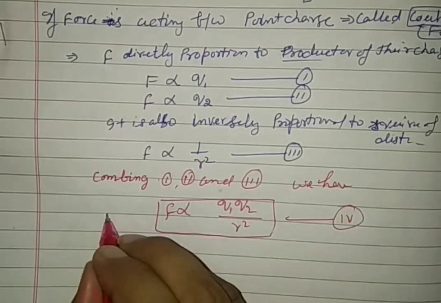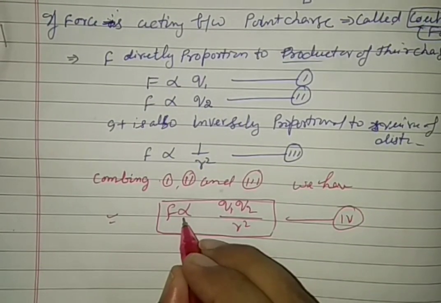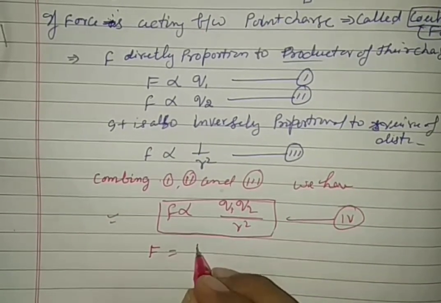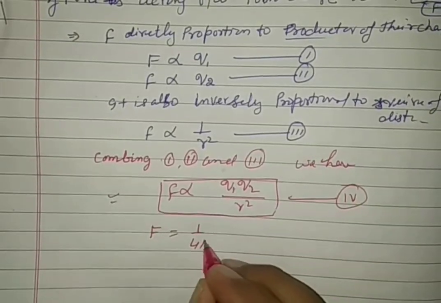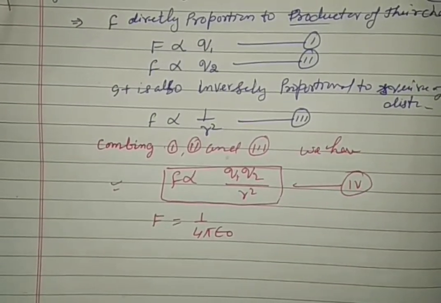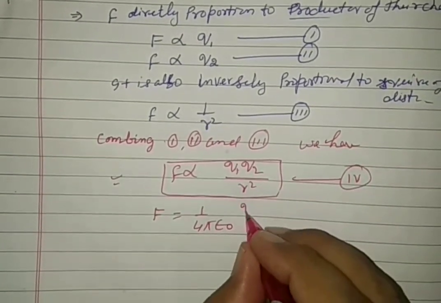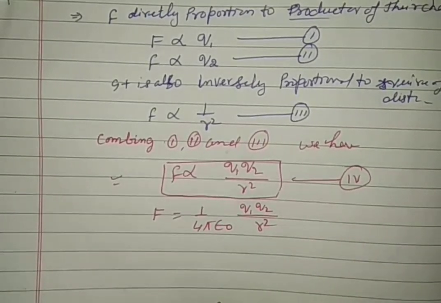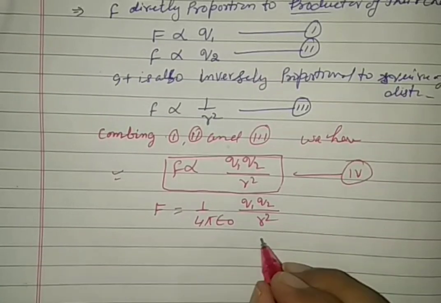So this is a normal tradition. When we replace the sign of proportionality, we keep a constant. Here the constant is 1 upon 4 pi epsilon 0, Q1 Q2 by r square, right?